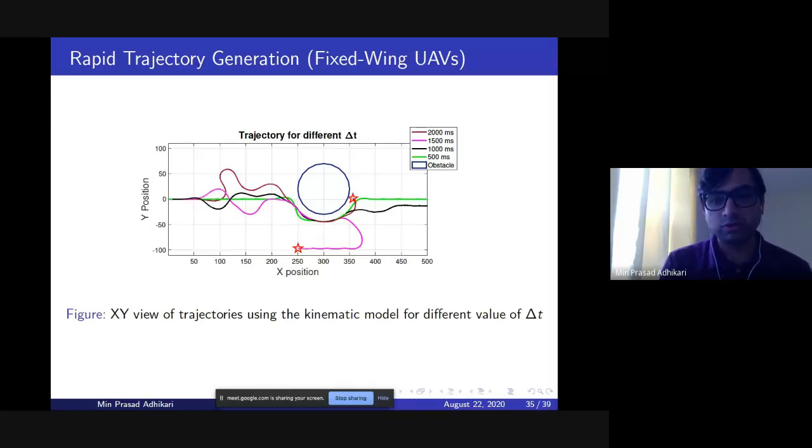And when we go farther away, when the sampling time increases, the predictions diverge, and then the model itself diverges. That's the reason for the failure.